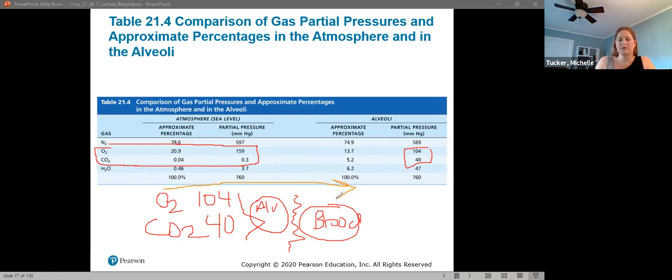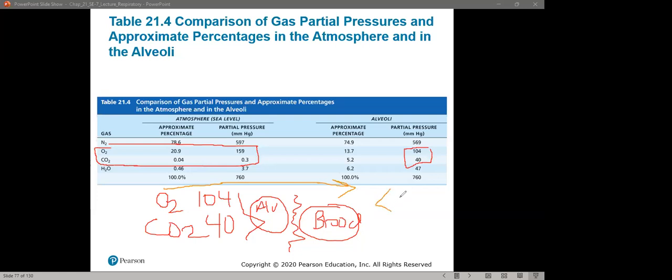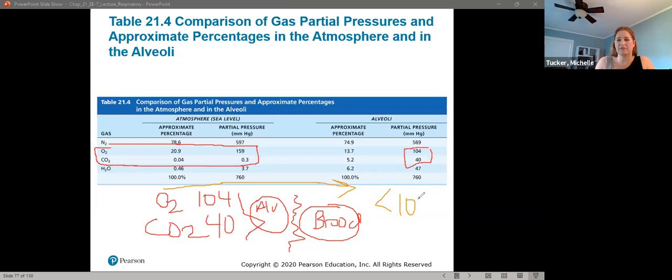Okay. So is the partial pressure in the blood going to be higher or lower than in the alveolus? Lower. So we know it needs to be less than 104, or else we wouldn't have movement of oxygen into the blood because we go from high to low.